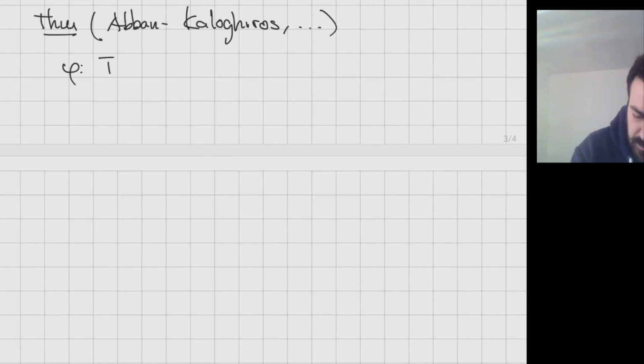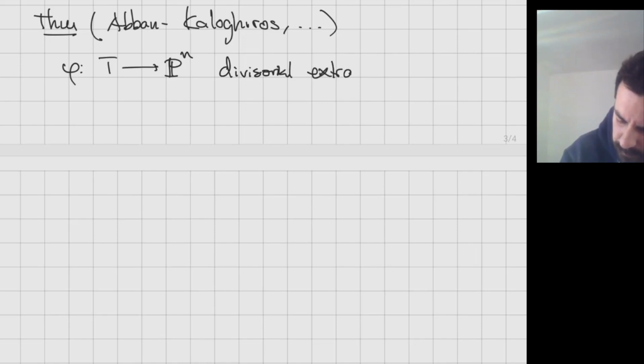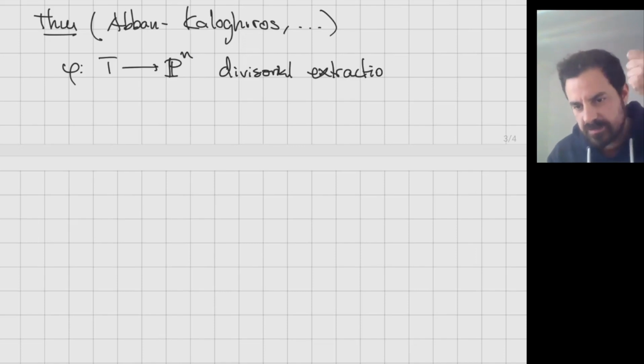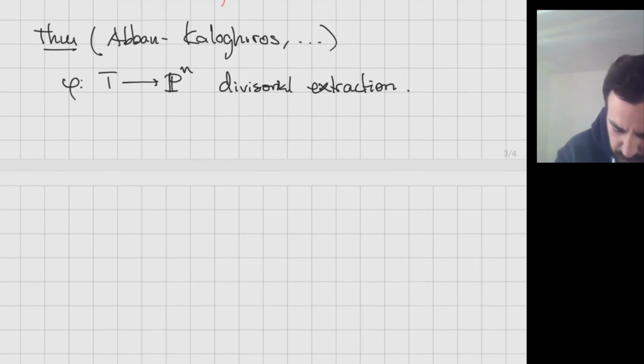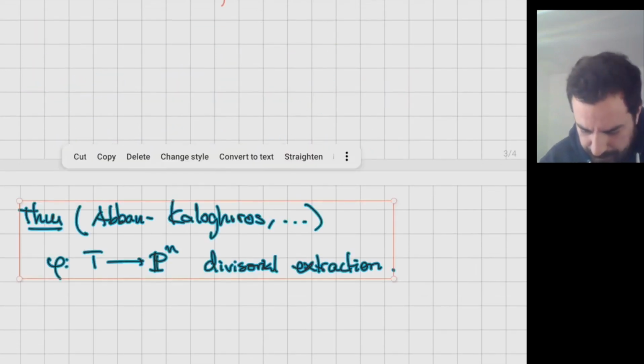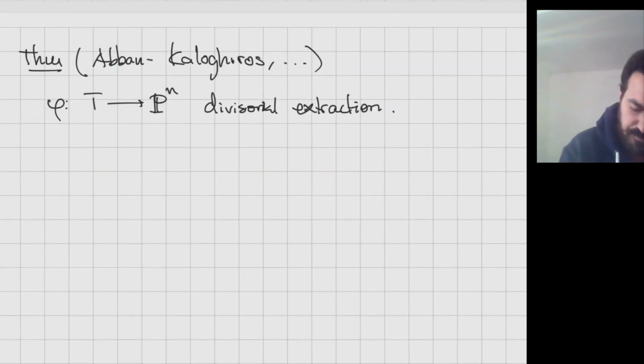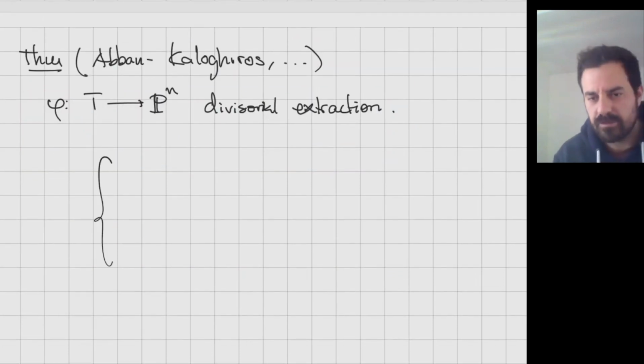Suppose that T is some divisorial extraction with some fixed center. So you extract a divisor from some fixed chosen center from Pn. And suppose that you have the following three conditions.